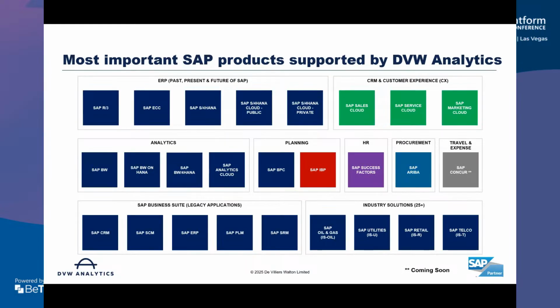When we say we connect to SAP, well, we connect pretty much to anything with SAP on the label. Top left here, we have the ERP systems, the type of system that SAP are famous for, and I'm sure you'll be very familiar with those ERP systems like SAP ECC, which most companies still run.